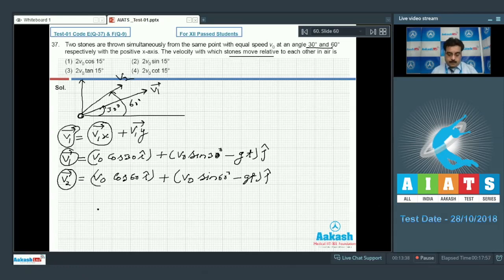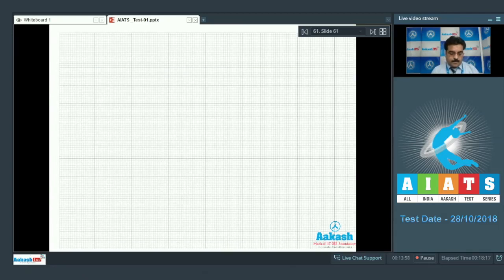So now I am going to use the relative velocity concept. v21, velocity of 2 relative to 1. So we'll write v2 minus v1. For further calculation, I am going to take another board. So we'll see. Now first I will write the value of v2.